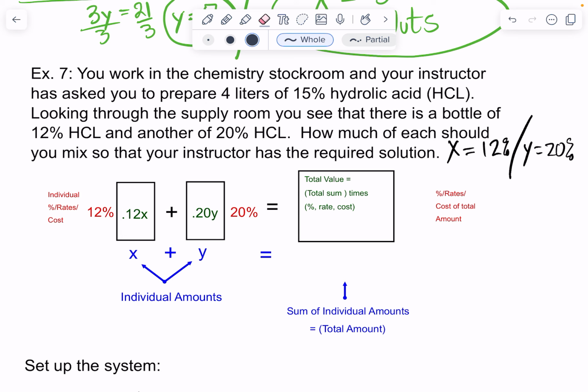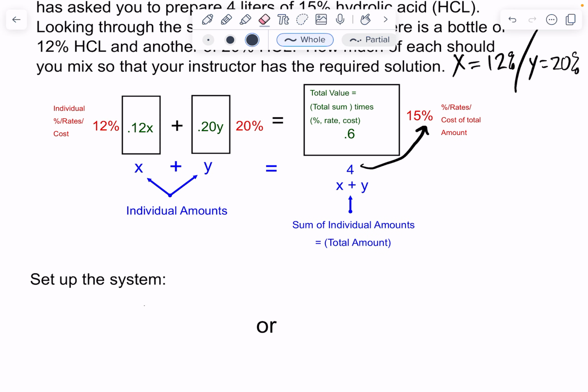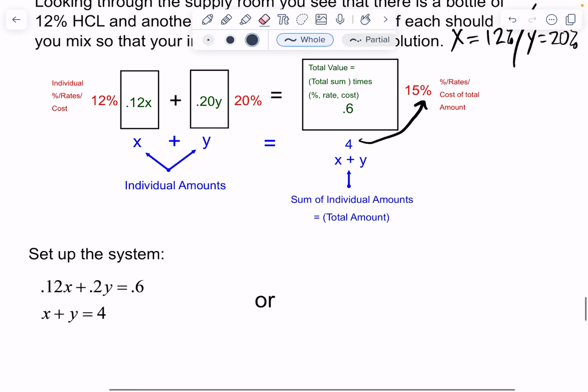I know that in total, I have to create 4 liters, and those 4 liters have to be at 15% hydrochloric acid. 4 times 15%, which is 0.15, is going to equal, of course, 0.6. So now I have my green value equation and my blue quantity equation.